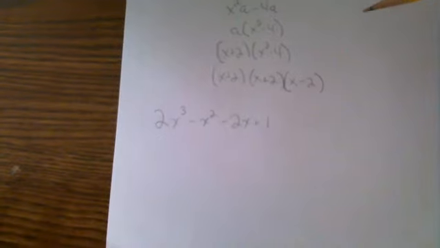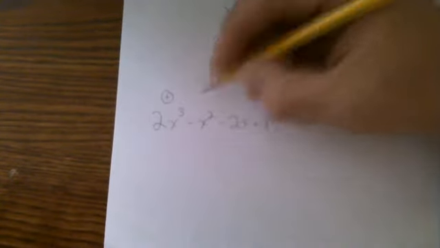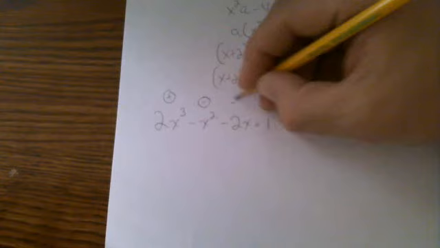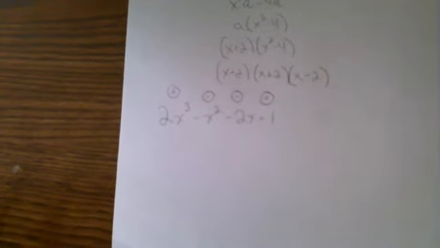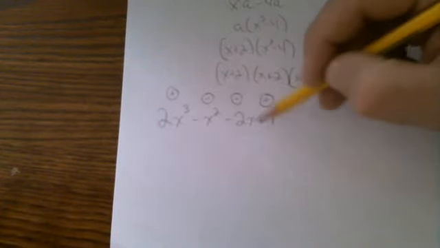So something's wrong here. Positive, negative, negative, positive. So that means our binomial is going to be negative, and this binomial will be positive. So we'll have to factor out a negative at the next two terms.